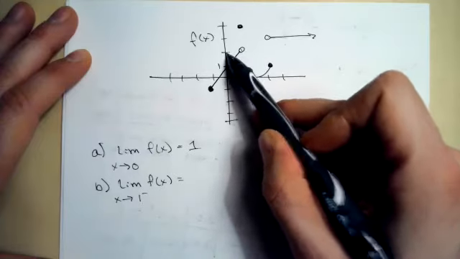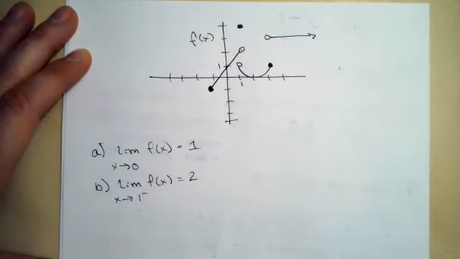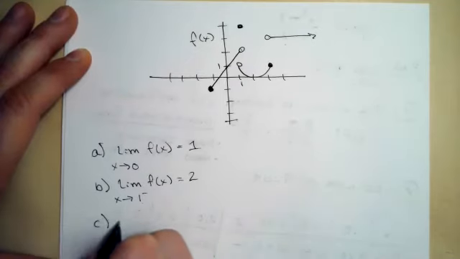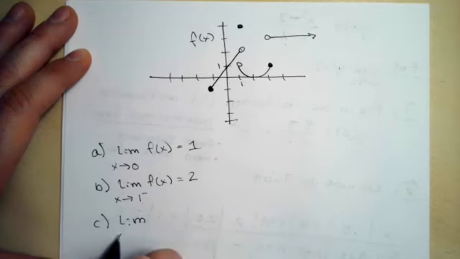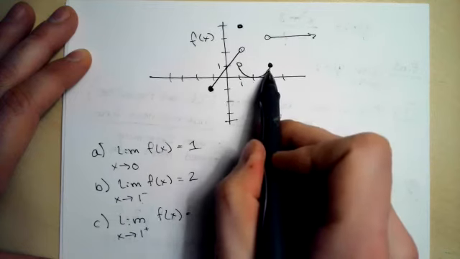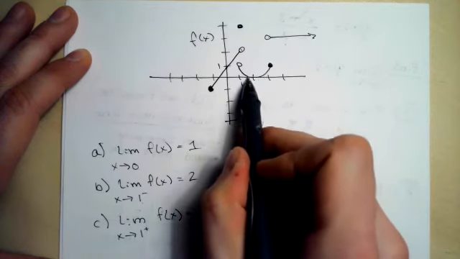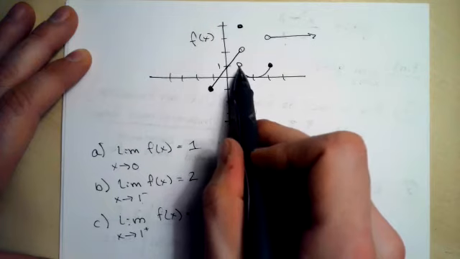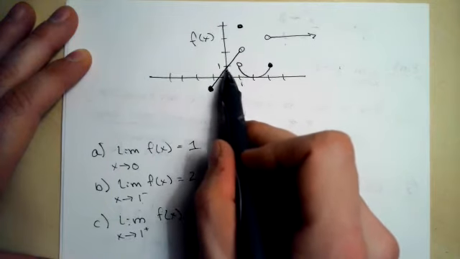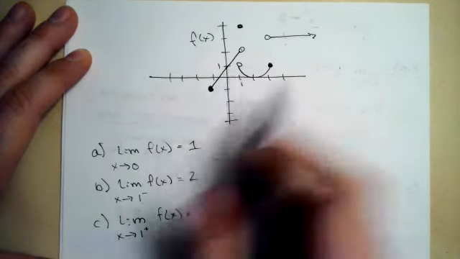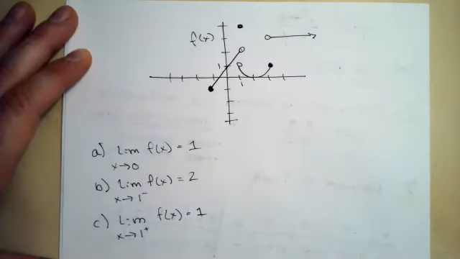The y value we approach is 2. However, if we look at the limit as x approaches 1 from the right, we're approaching from above 1, getting smaller, closer to 1. And the y value we approach is 1.